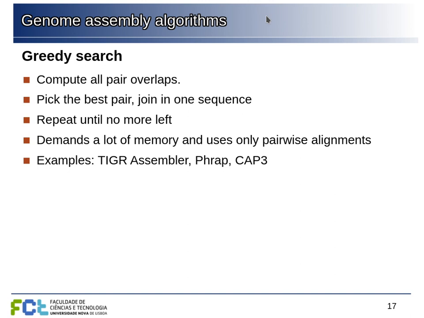And now, when we look at all these pairs, we pick the ones that have the best overlap. That is, they overlap best in the larger region. We join those two in one sequence, and then we compute the overlaps with all the others, and we keep doing this until we don't have anything left.